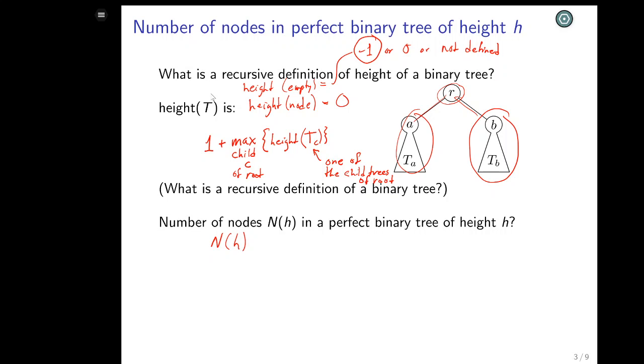So the maximum number of nodes in a binary tree of height h, that's what n of h is. And we know from the warm-up exercise that n of h is equal to 2 to the h plus 1 minus 1.